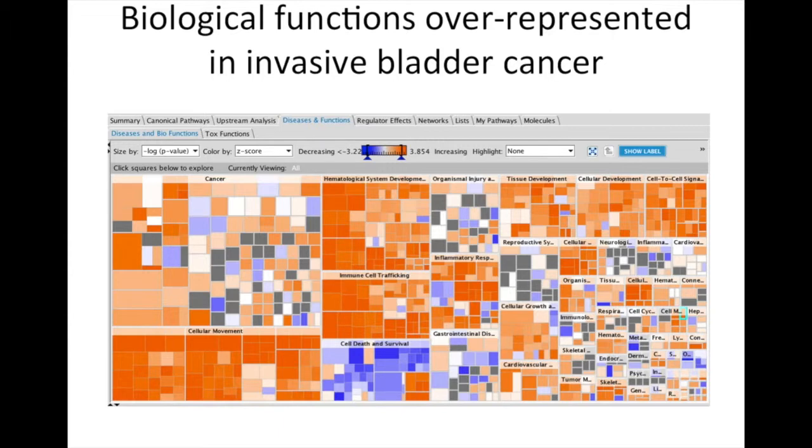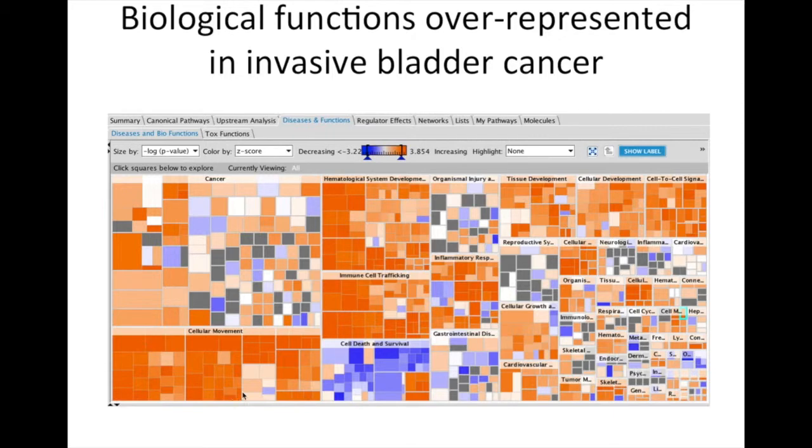Here's an example of functions, and you can find this in gene ontology, which gives these biological functions. What we're doing is finding things that are overrepresented in our data set. These are some of the functions overrepresented in invasive bladder cancer, and you can see it makes sense. You've got all these genes associated with cancer. The size of the box represents the number of genes associated with it.